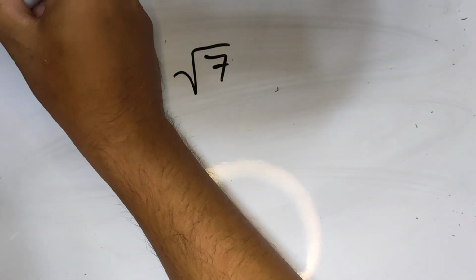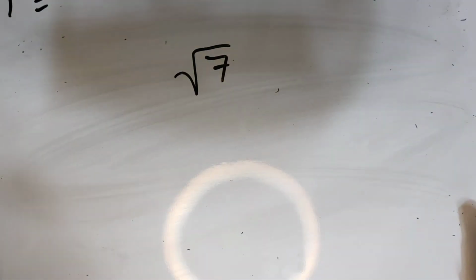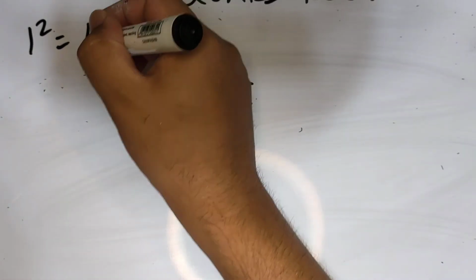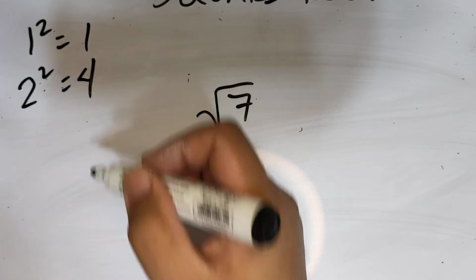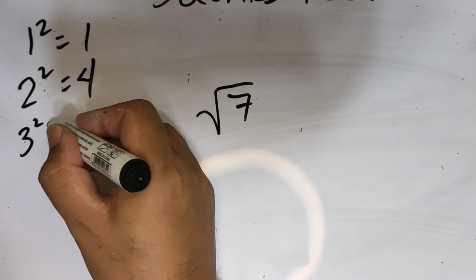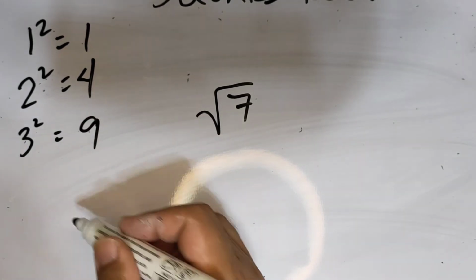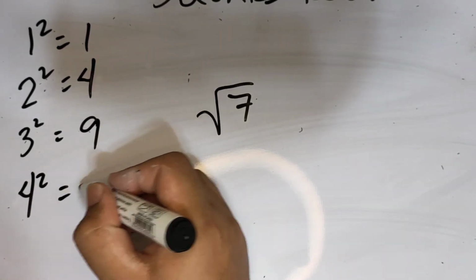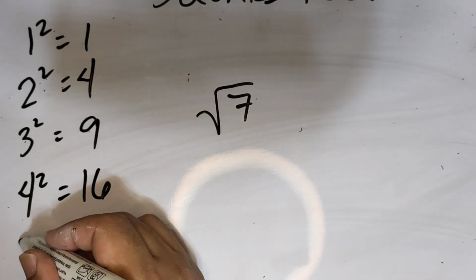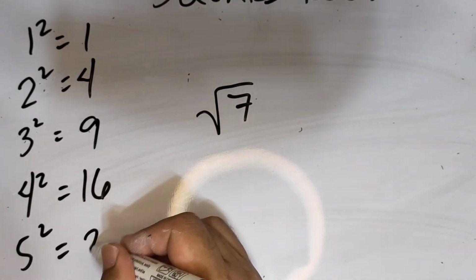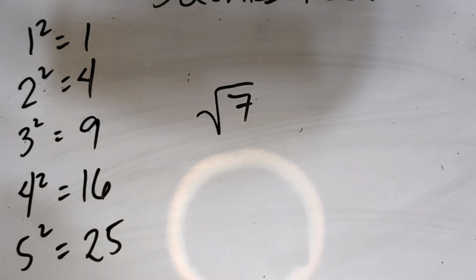Meron tayong 1 square, that is 1. 2 square is 4. 3 square is 9. 4 square is 16, correct? 5 square is 25. And so on and so forth.